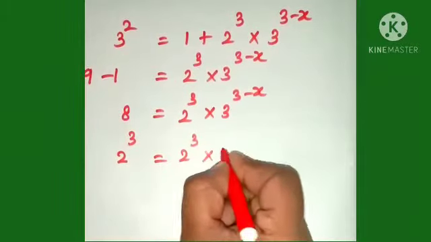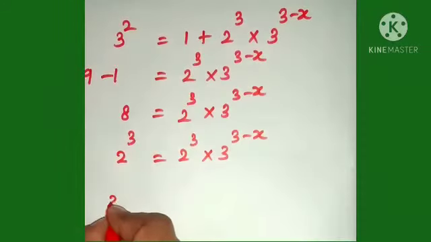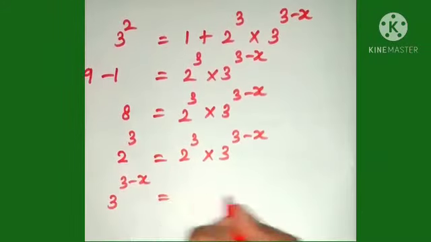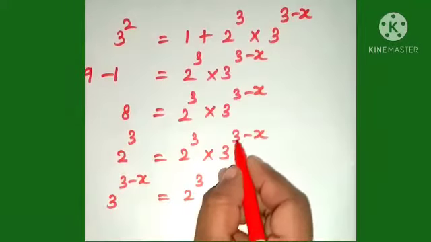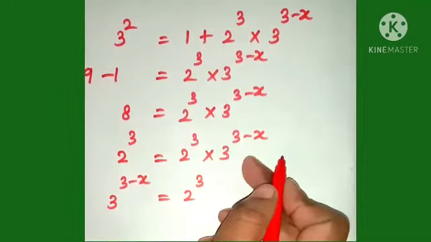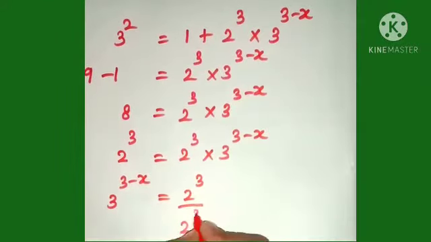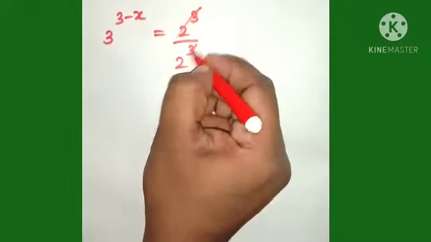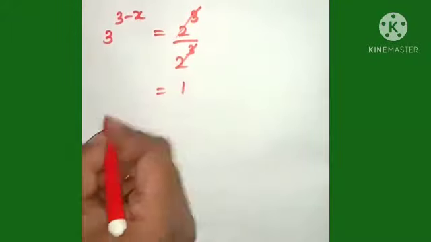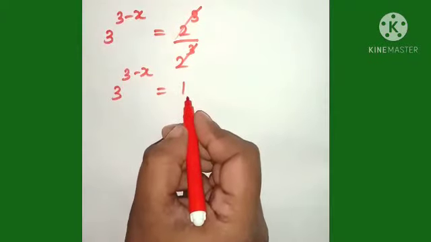So 2 cube is equal to 2 cube into 3 power 3 minus x. Now students, listen carefully. Keep 3 power 3 minus x aside and bring 2 power 3 to the other side, it becomes 2 power 3. Now cancelling 2 power 3 and 2 power 3, we get 1. 3 power 3 minus x is equal to 1.